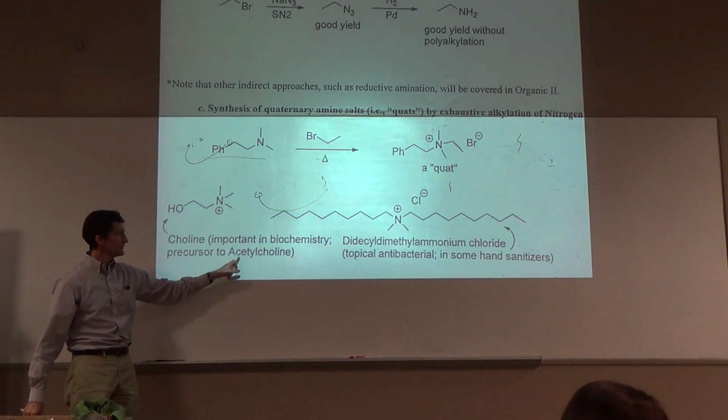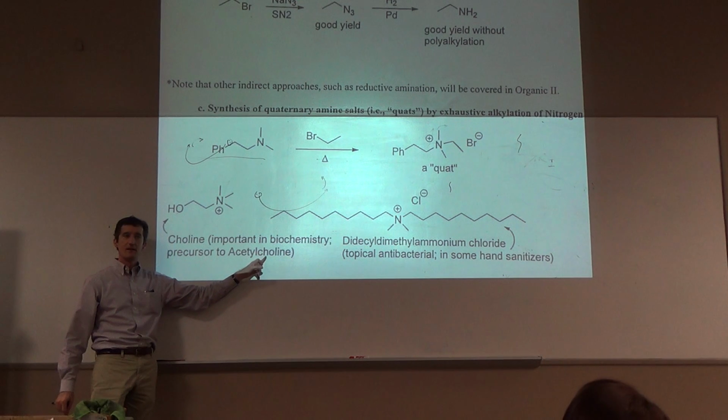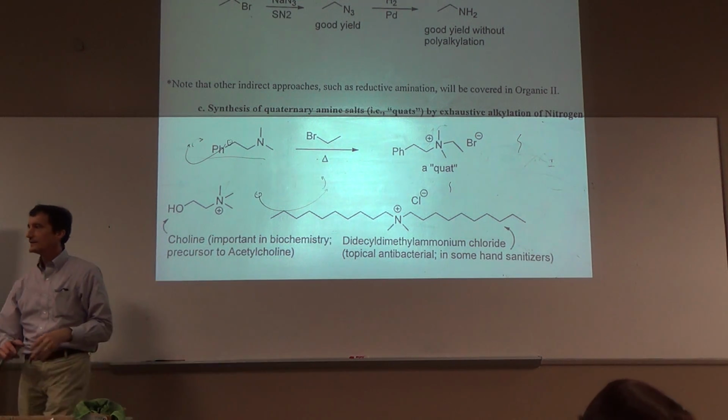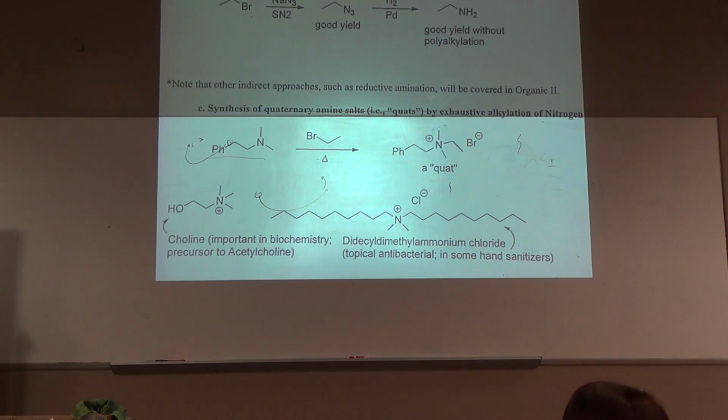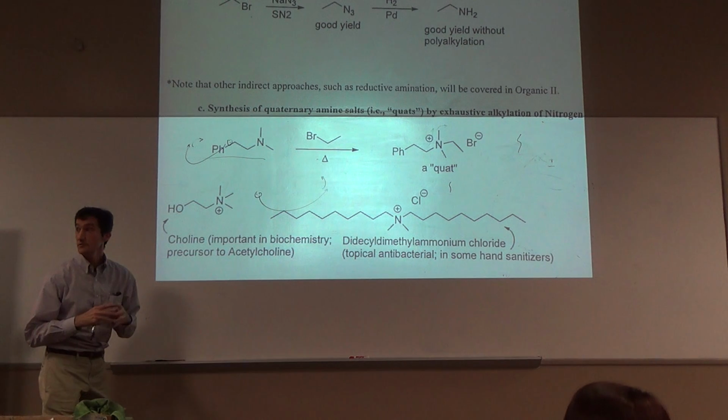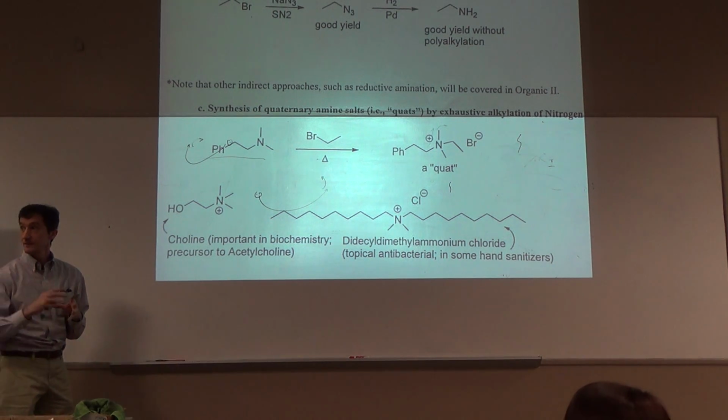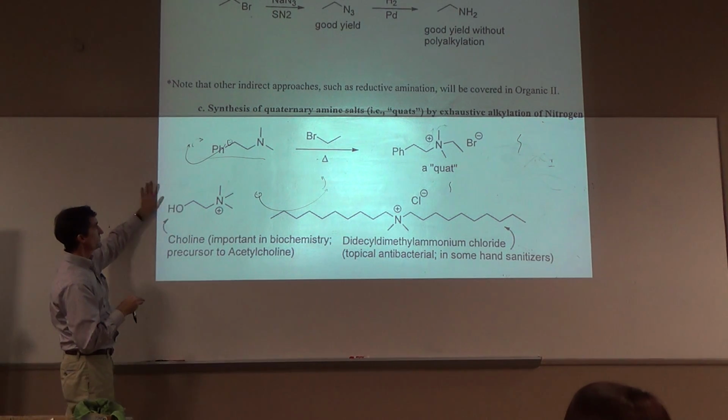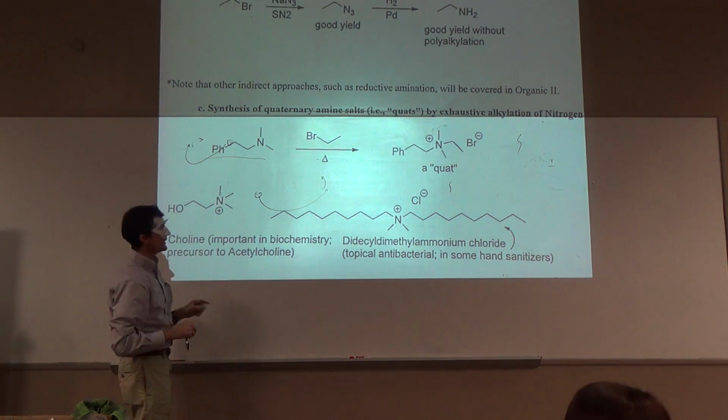And if you put an acetyl group on it, you have acetylcholine. Y'all heard of acetylcholine? You ever seen the structure of acetylcholine? It's got the quat. I mean, the acetyl group is just over here. It's got the quat.